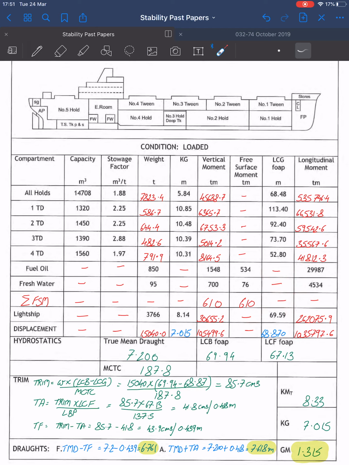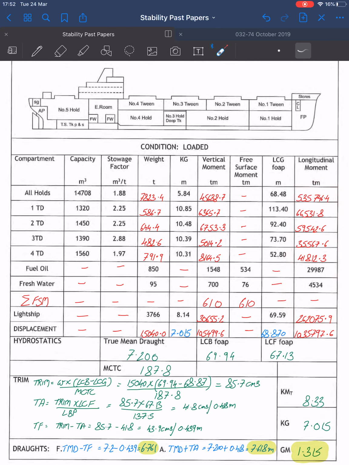We can calculate the vertical moments and we can calculate the longitudinal moments. Displacement final. So displacement final is sum of all this data, and vertical moments final is sum of all this data, and longitudinal moments final is sum of all this data.